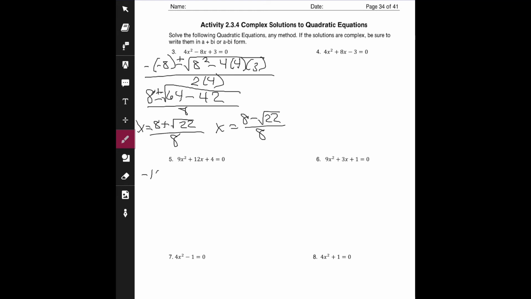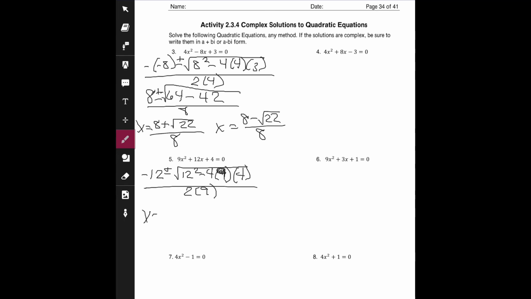All right, so negative b plus or minus the square root of b squared minus 4 times a times c all over 2 times a. Now I'm going to simplify multiple steps.